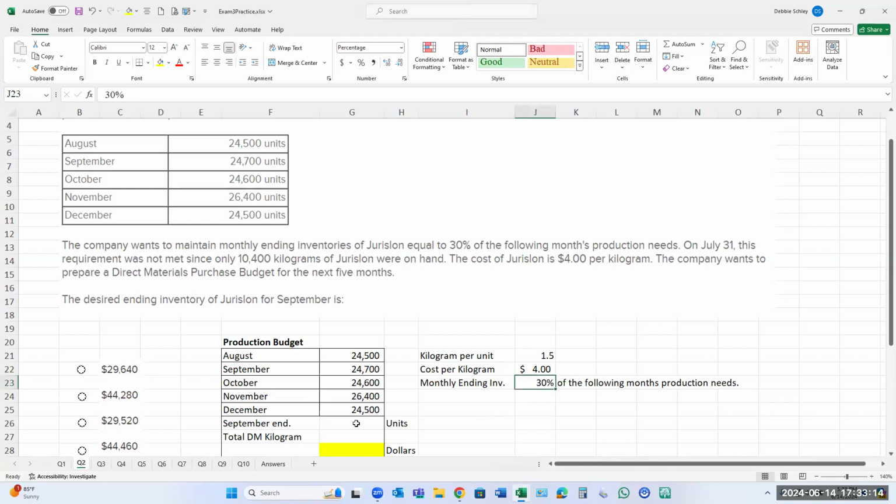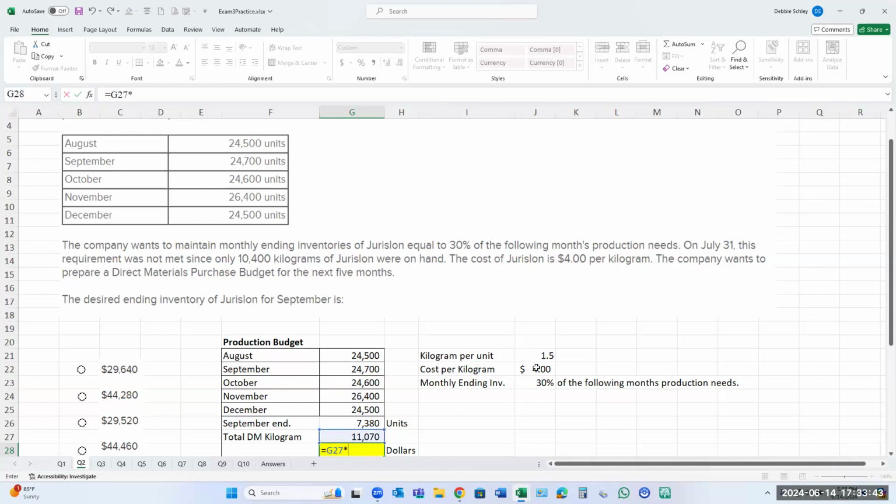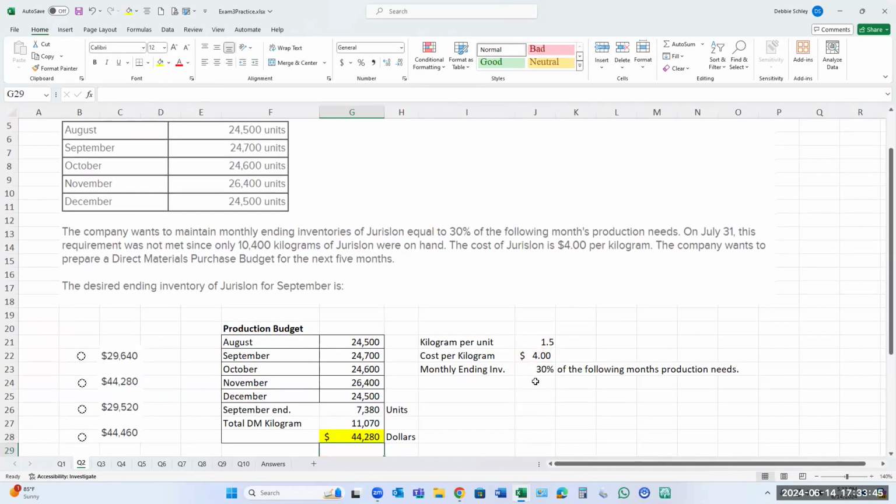So September ending in units would be 30% of October's production. But that's in units, so I need to get it to kilograms. So I'm going to take units times how many kilograms per unit. And now I can get it to dollars, which would be kilograms times the cost per kilogram.